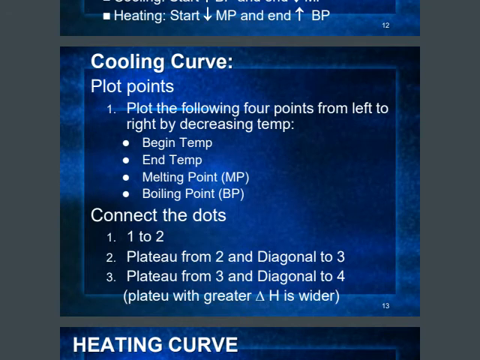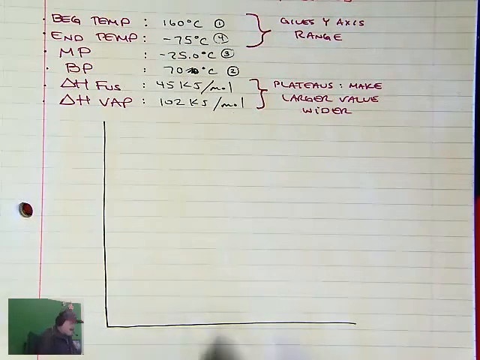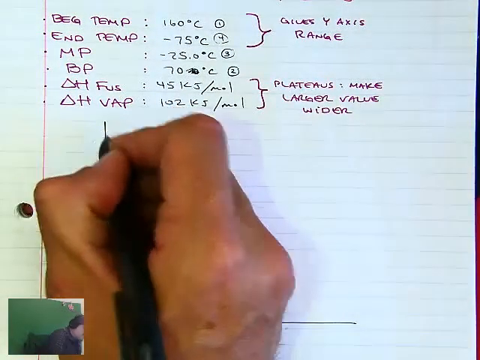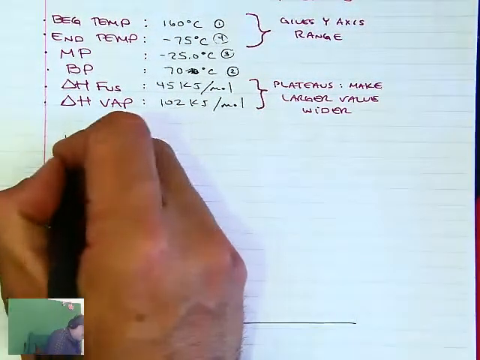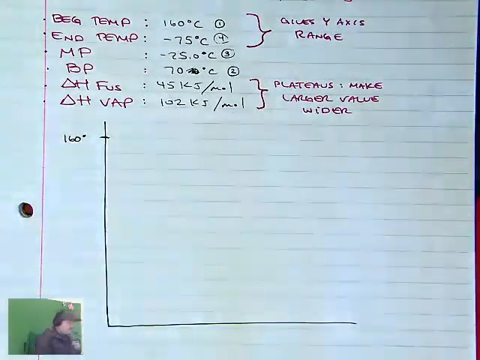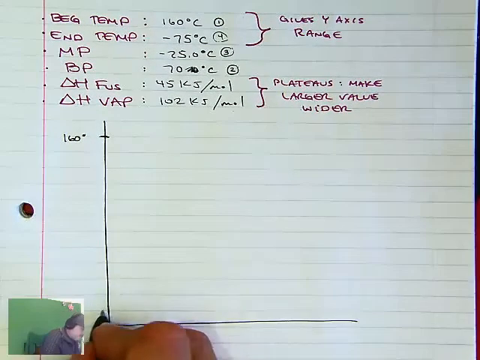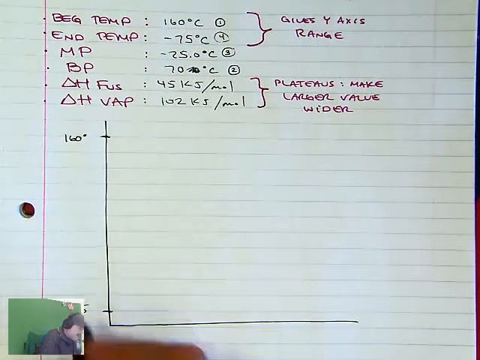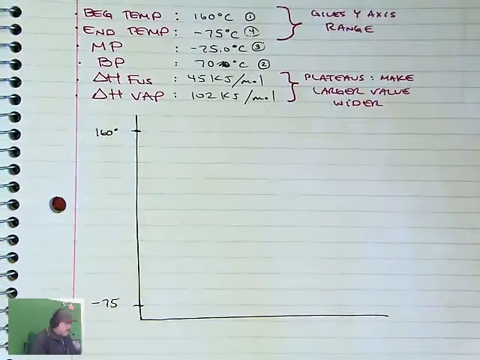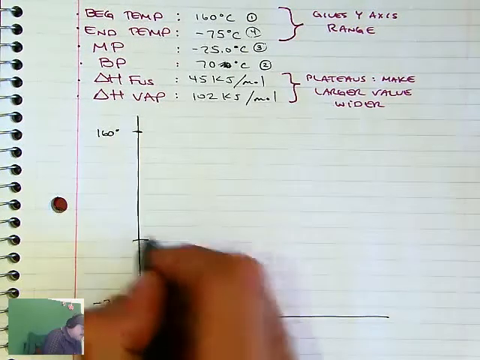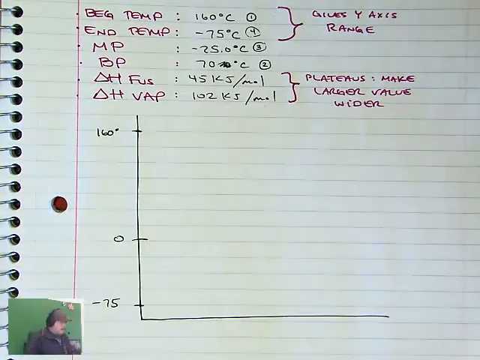That's what I'm going to do first, and I'm also going to set up my y-axis range. 160 is the highest temperature, so I'm going to put that right there. The lowest temperature I'm going to achieve in this problem is negative 75, so I put that right around there. Remember, I'm just eyeballing it. If that's negative 75 and that's 160, then 0 is somewhere right around there.